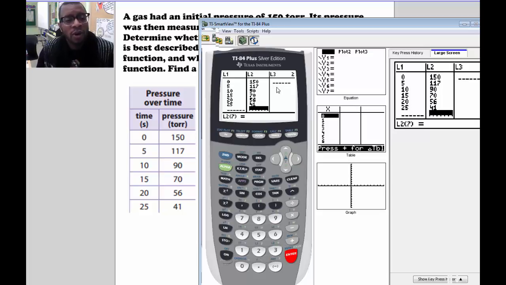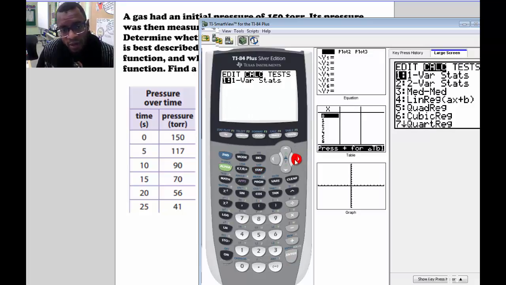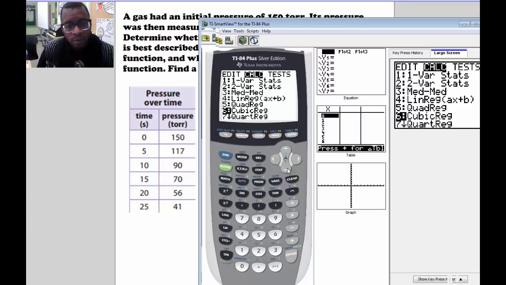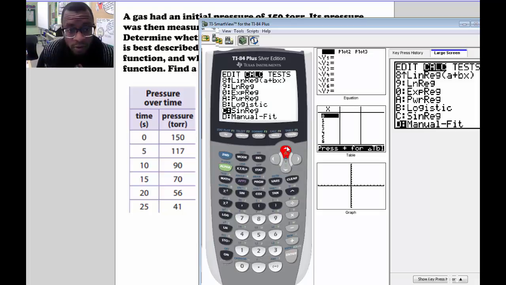Okay, so we've inputted our values and made our list, and now we want to find the exponential regression function. Remember, to do that, we need to go back to stat, and then calculate, and choose choice 0, which is the exponential regression.